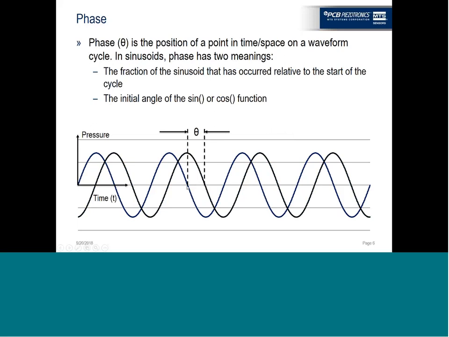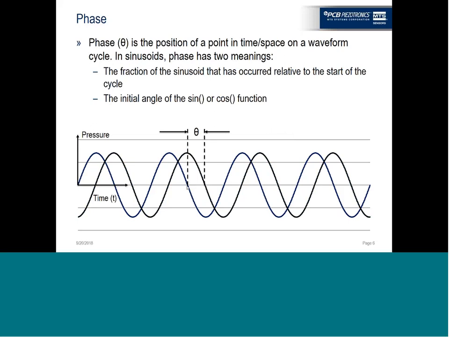Phase is measured in degrees, and so it's going to be scaled based on the frequency of the signal that you're looking at. So 5 degrees at 50 hertz and 5 degrees at 500 hertz actually have different time bases. That's an important thing to try and tease out.